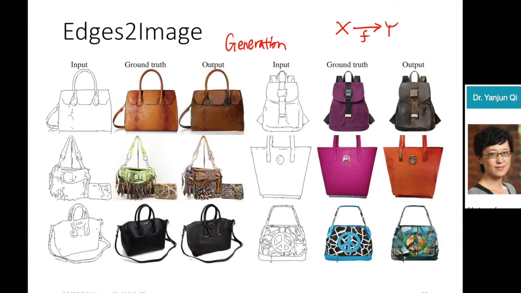Yes, sure. In this one, you have the edges and you're generating images, but this Y has very, very vast possibilities, right? The ground truth is like this, but you can actually generate anything as long as it fits the edges.